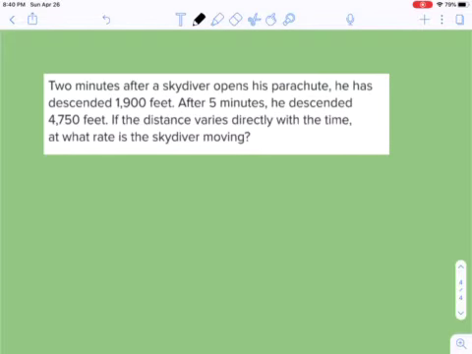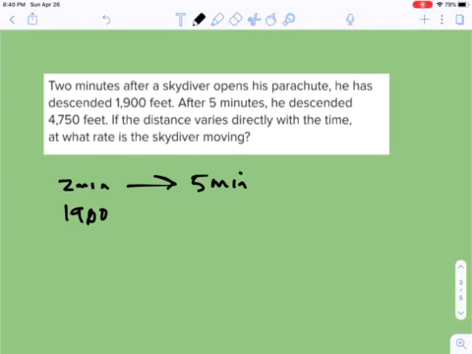All right, so it says 2 minutes after he opens his parachute. So if we look at this, we're looking at a period of time from 2 minutes to 5 minutes, okay? And at 2 minutes, he's gone 1,900 feet, right?